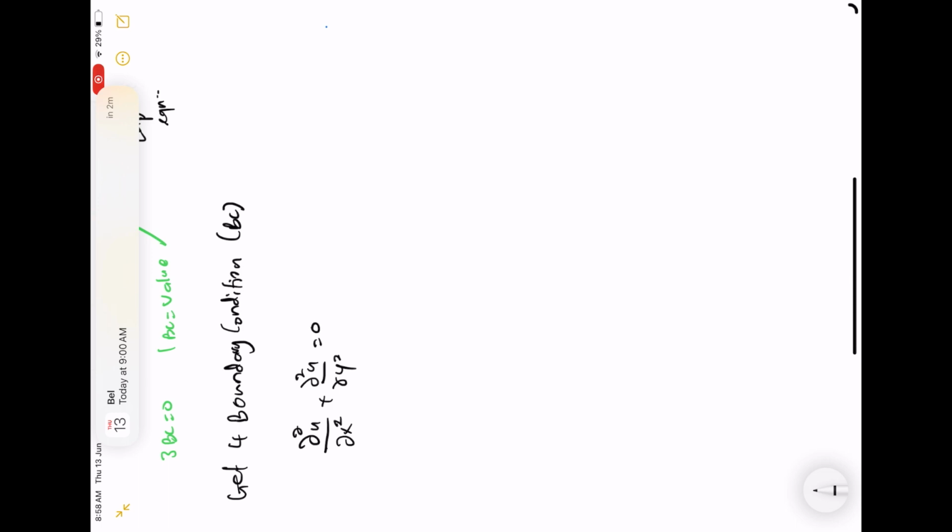Okay, and then you have the boundary conditions u(0, y) equal to 0, and then u(1, y) equal to 0, and then the other two boundary conditions, u(x, 0), this is on the x-axis, equal to 0, and then u(x, 1) equal to 100.